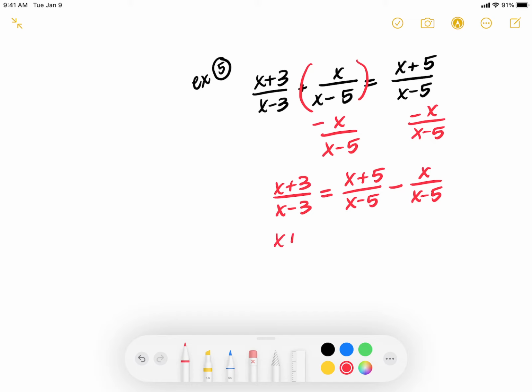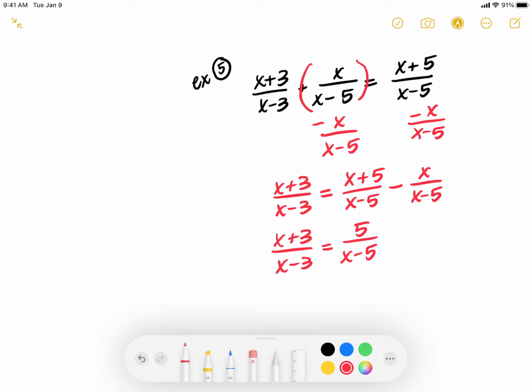So this side, we're not changing, it just stays intact. But we're going to go ahead and combine this other side into one fraction. x minus x is just 0. So that x is eliminated. And we just have 5 minus nothing. So all we're left with on this side is 5 over x minus 5.